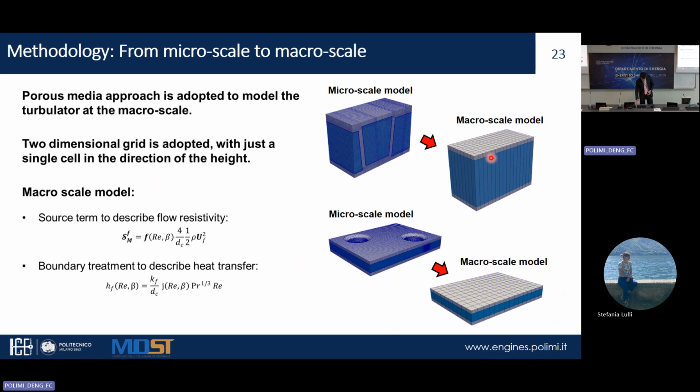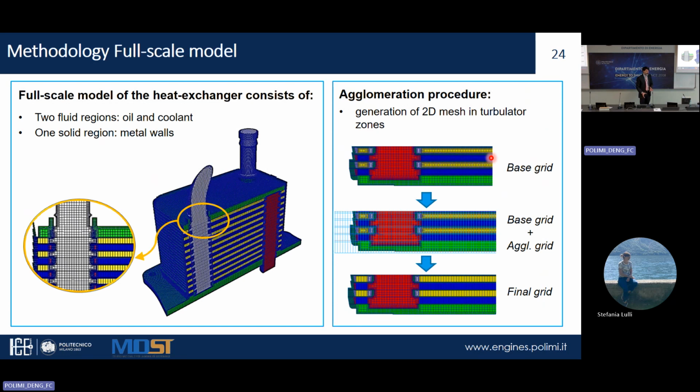You will see an example later on, and it allows us to perform the simulation of a full-scale element, predicting not only the thermal performance but also the pressure loss, and allowing us to perform some optimization, so reduction of the size.